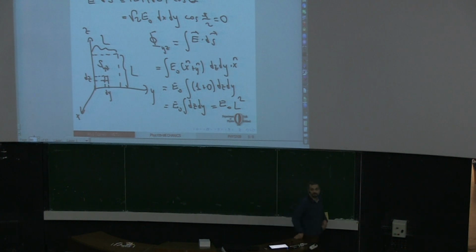Now, the sign you should interpret as follows: when you are choosing the direction of an area, you are basically identifying the in and the out. The flux counts the number of field lines that go out. If there is an electric field line that comes in, that is a -1 electric field line going out. So that's how you should interpret negative fluxes. You can talk about the flux of anything.